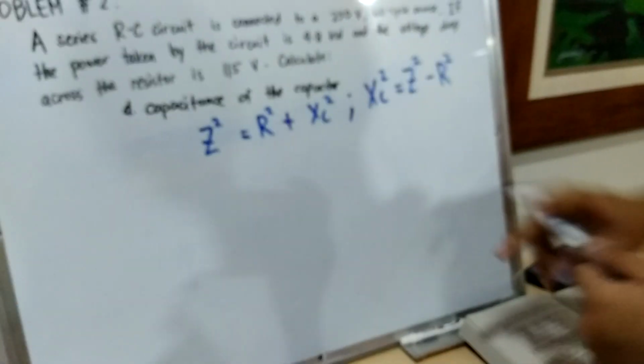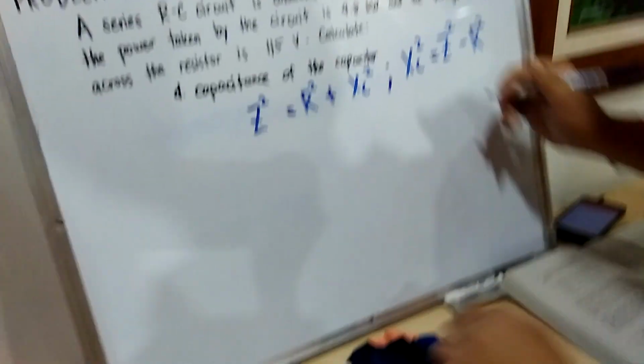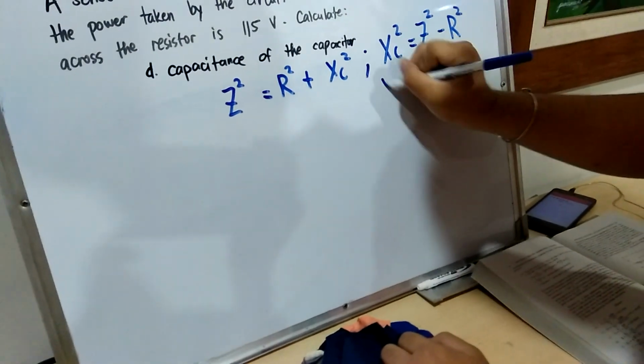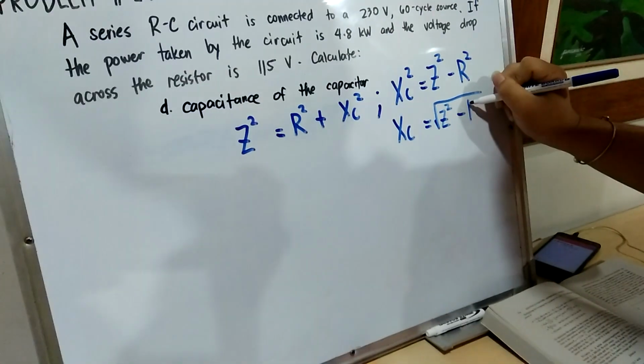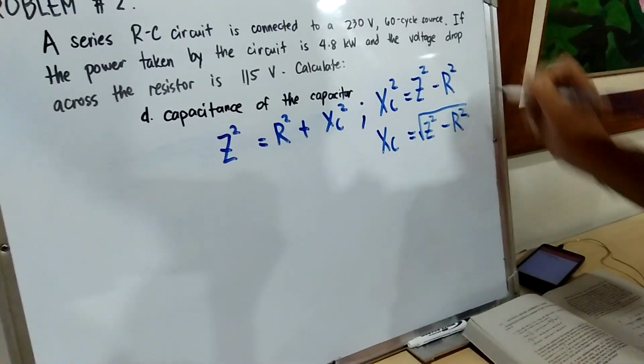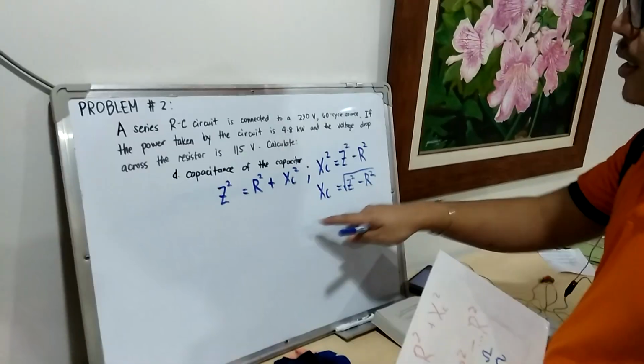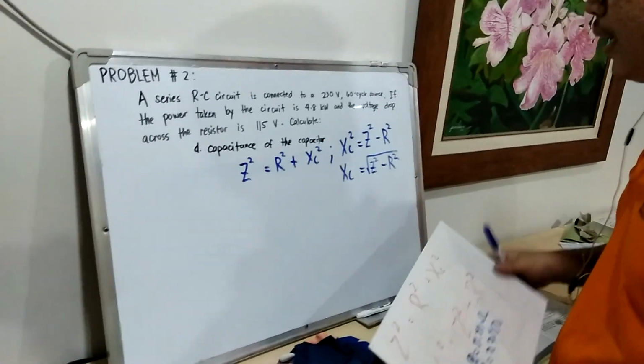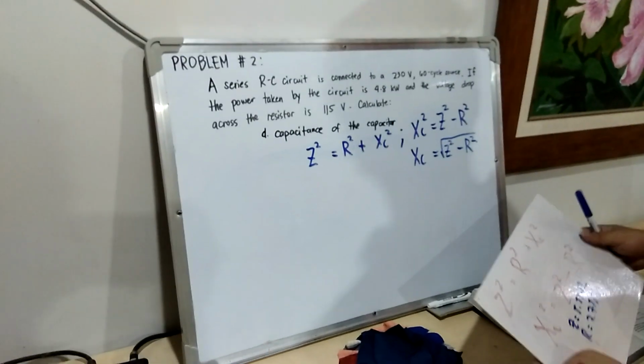Taking the square root of both sides, we get X sub C equal to the square root of Z squared minus R squared. Using this equation, we can now get the value for X sub C.